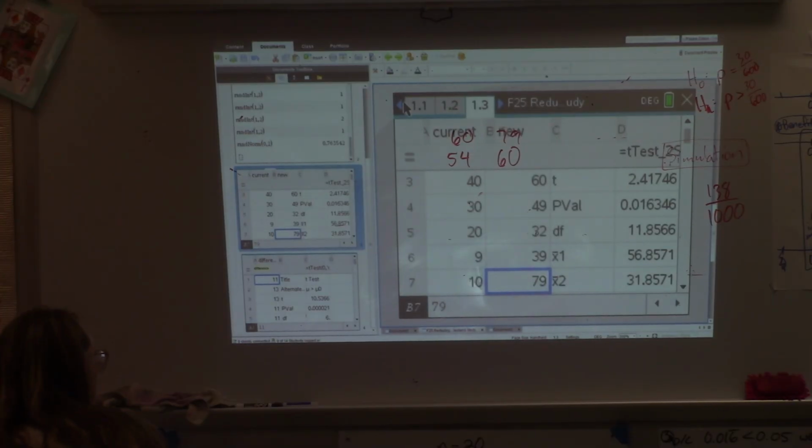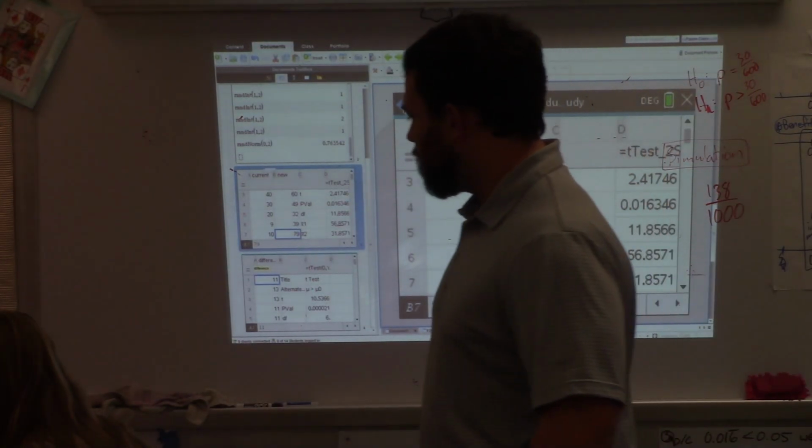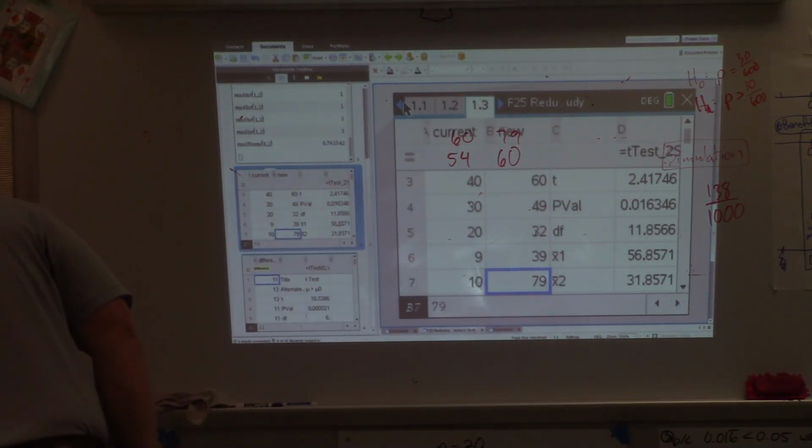Is it new in the current? I believe I did current minus new. No, I did new minus current. Yeah, we did new minus current. Is it not even new?